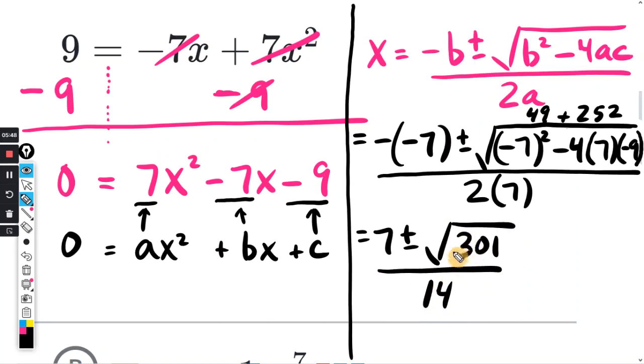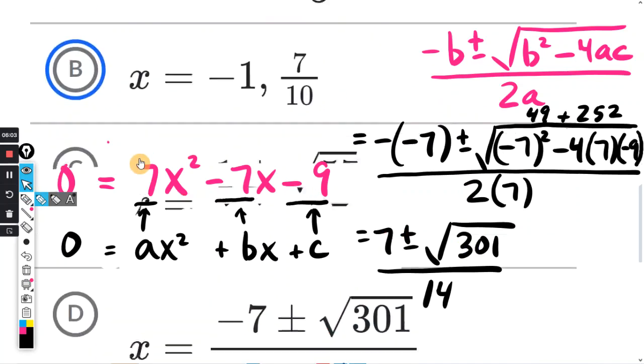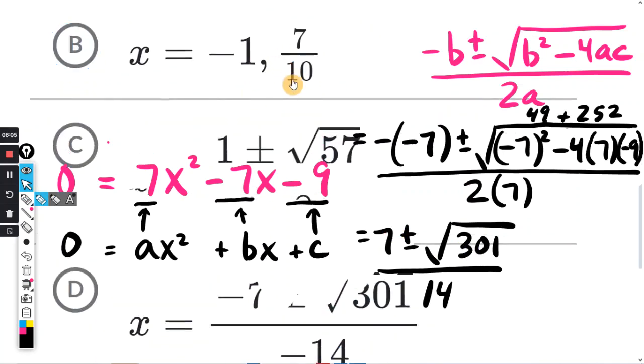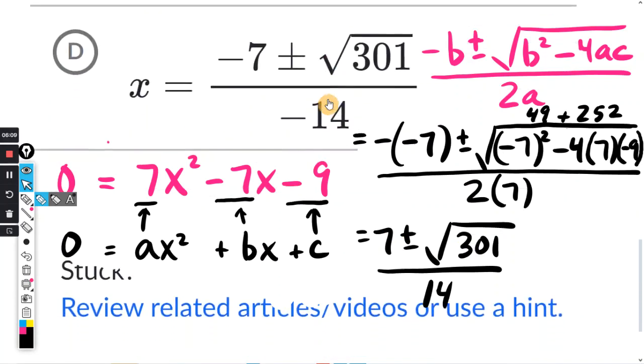Now, we don't know if we need to break this up or simplify it, so you want to check your multiple choice answers. So look for the square root of 301. Answer A has a radical 6. Answer B has none of the radicals. Answer C has radical 57. And answer D has the radical 301.